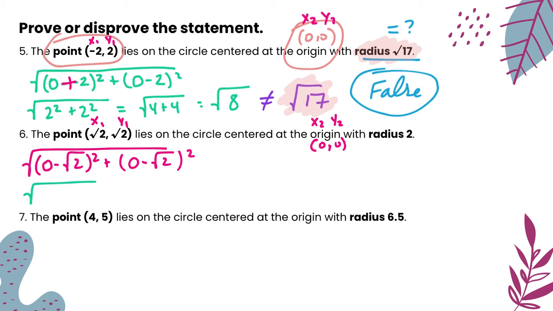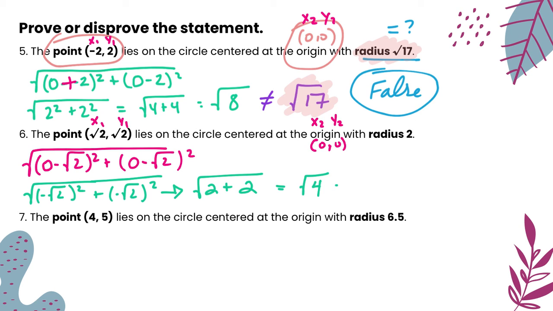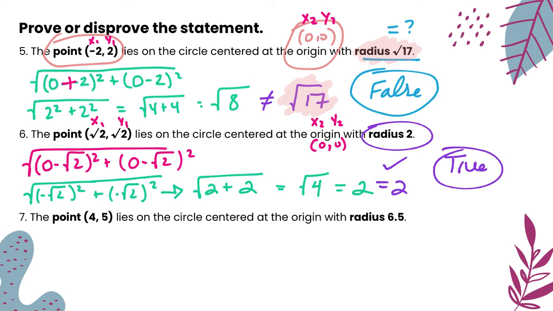That's going to give me negative square root of 2 squared plus negative square root of 2 squared, which will be the square root of 2 plus 2. The square root of 2 squared just equals 2, and 2 plus 2 is 4, and the square root of 4 equals 2. So using that radius, it is in fact equal to 2, and so this is a true statement.